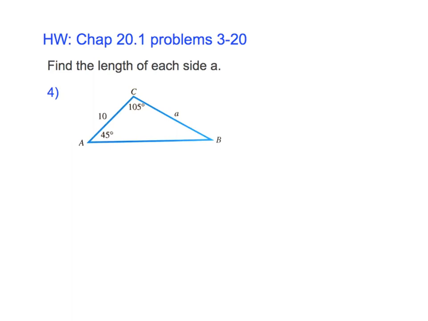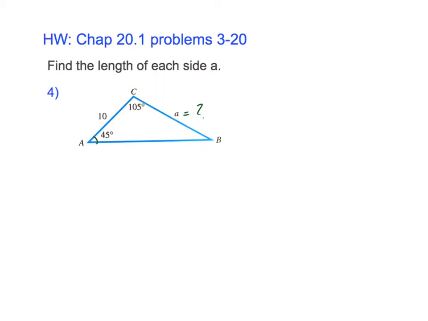Okay, so in this chapter we're going to be doing homework problems from 20.1. I picked out number 4, and all it's asking you is to find the length of a. So here's the length, it's little a, and you have to figure out what little a is. The nice part is that you're given the angle of big A, and you're given the angle of C too. You're not given the angle of B, but you could easily find it.